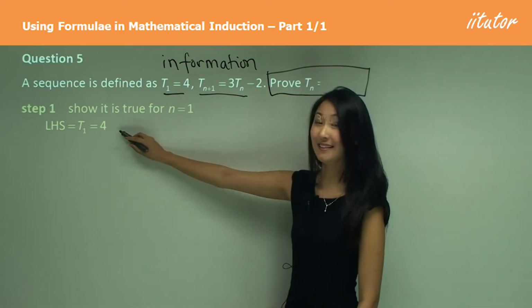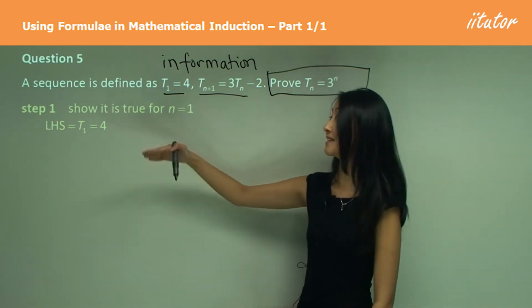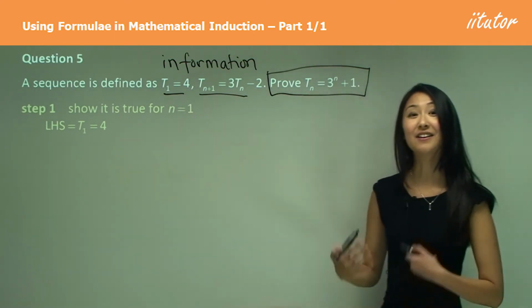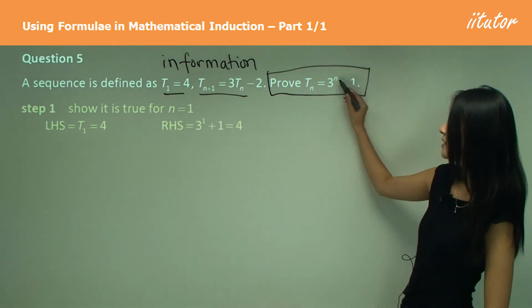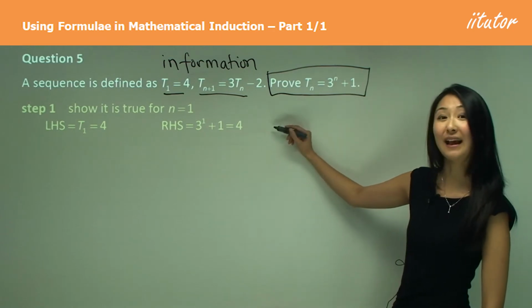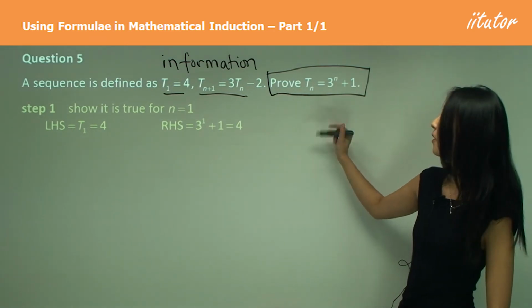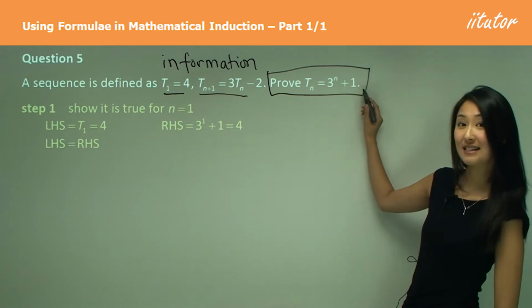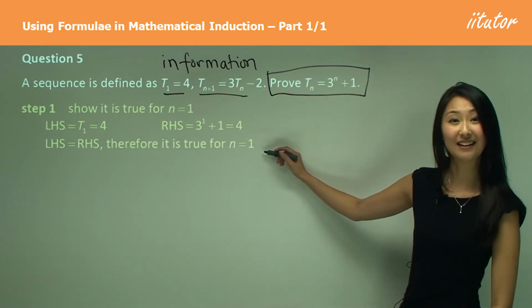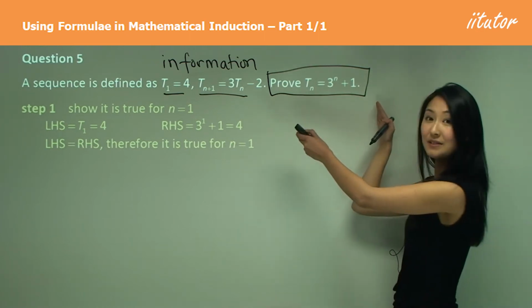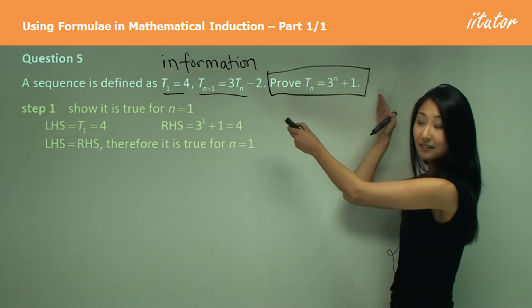So we can just say the left-hand side equals 4 because the question has told us so. Now, using the right-hand side of the equation, we have 3^1 + 1 equals 4. So therefore, the left-hand side does equal the right-hand side for n equals 1. Okay, so just keep reminding yourself, this is what we're proving here.